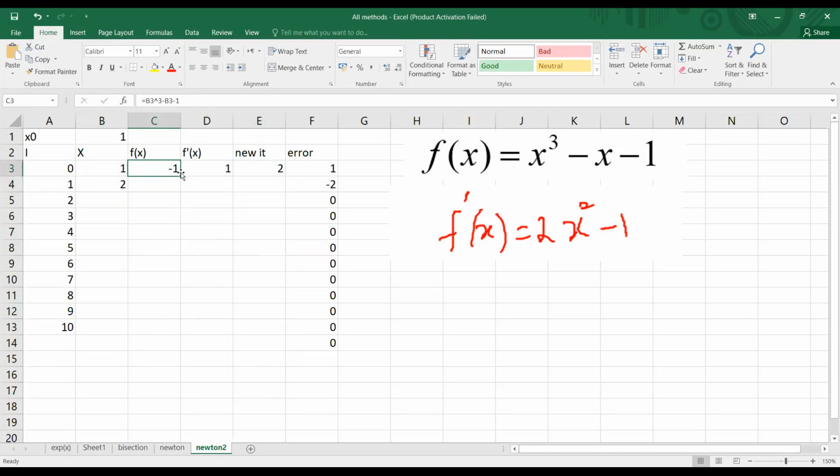Now I have to copy it. Now you have to copy it.